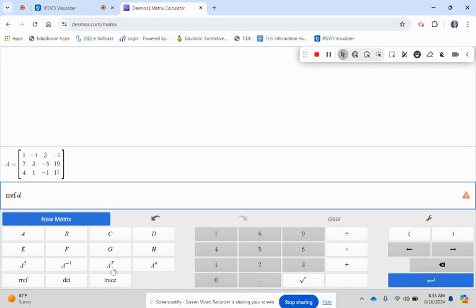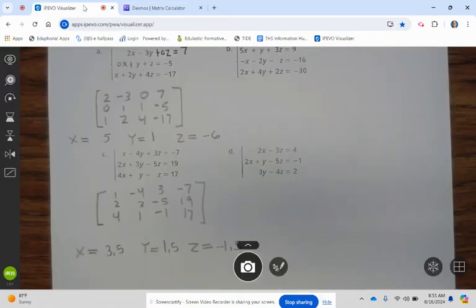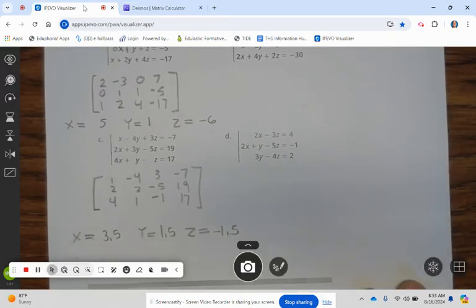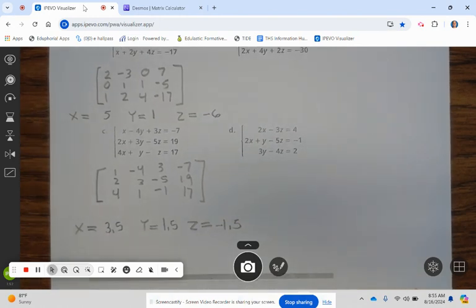Then RREF of A. And so our solutions are x equals 3.5, y equals 1.5, and z equals negative 1.5. Alright, go ahead and complete B and D on your own. And then let's take a look at the next page.